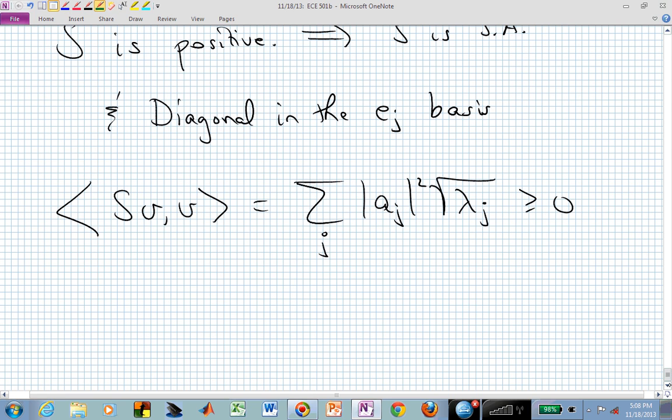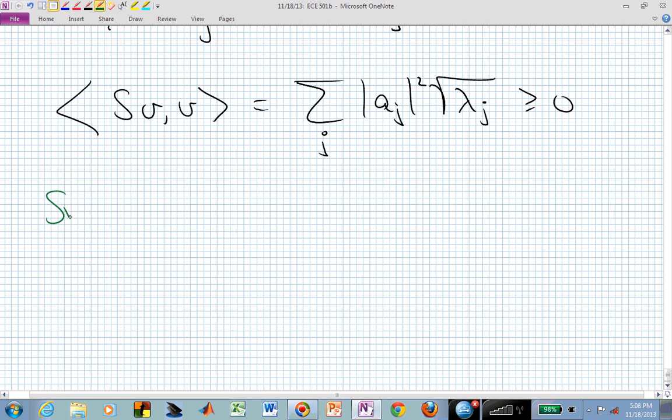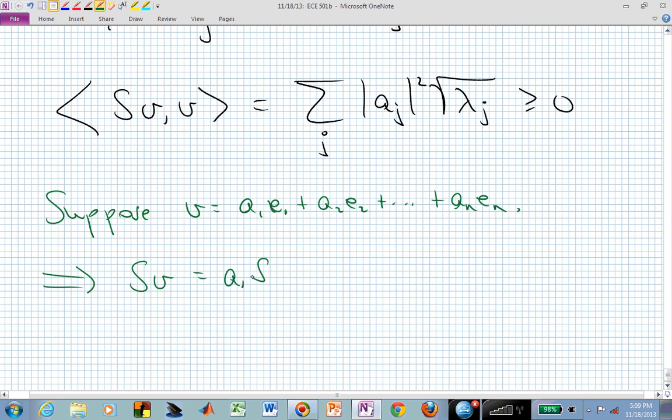And what we did in this last step is we basically said, suppose that V is just some vector in this vector space, which means that we can write it as a linear combination of these basis vectors, E1 through En. That's V. But now if we operate on V with S, that's now A1 S E1. A1 are coefficients, aren't they? Plus, so they slide through.